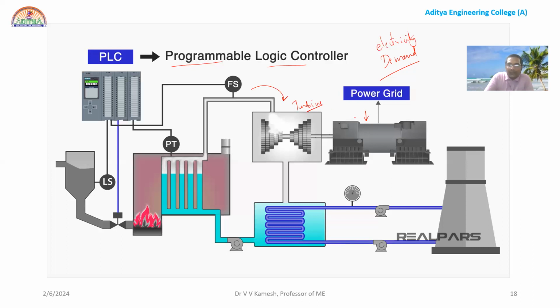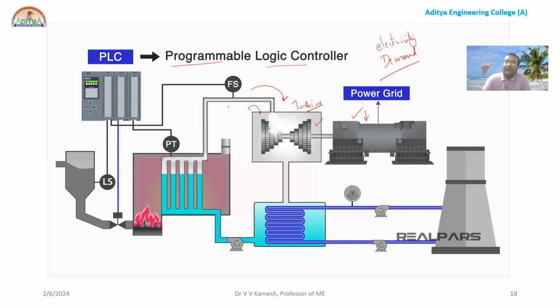So the generator and turbine are both basically static. They cannot do anything on their own, right? Somebody has to hit the turbine, and only then will I get the energy, right? So if I need to control the demand, I need to generate energy equal to the demand, right?